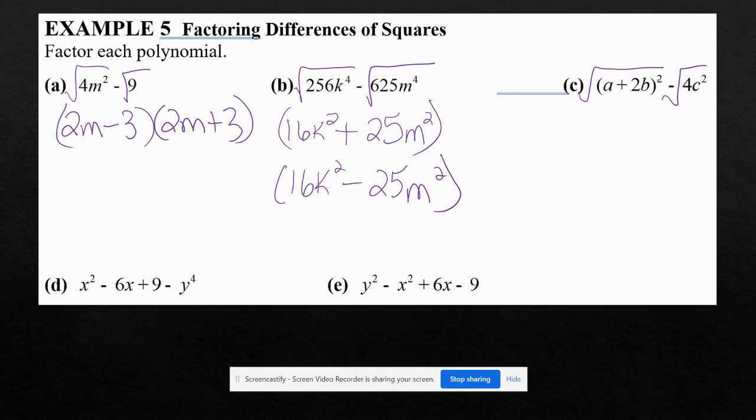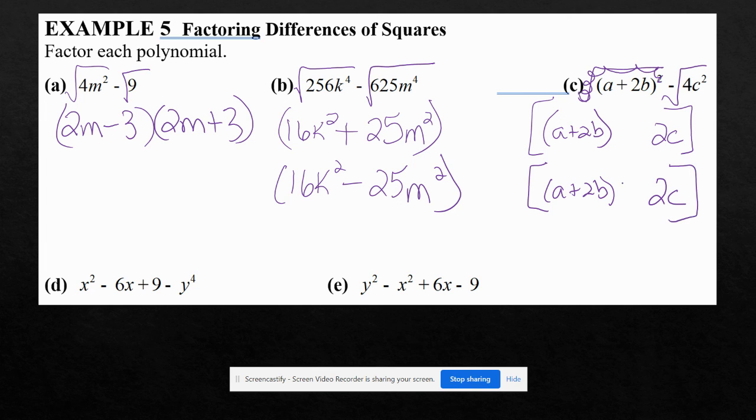The square root and the square erase each other out. So we have a plus 2b as that first term. And then the square root of 4c squared is 2c. One's plus, one's minus.